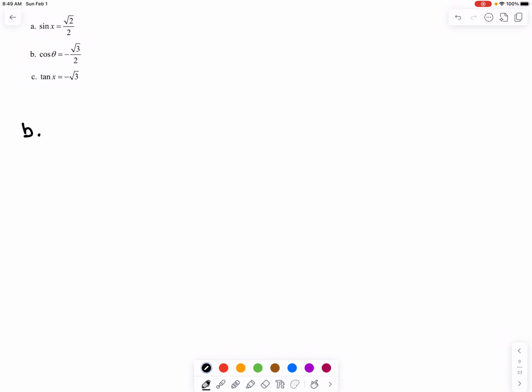So for B, we're working with what? Cosine of theta equals negative root 3 over 2, right? So cosine is our x value. Negative root 3 over 2, okay?